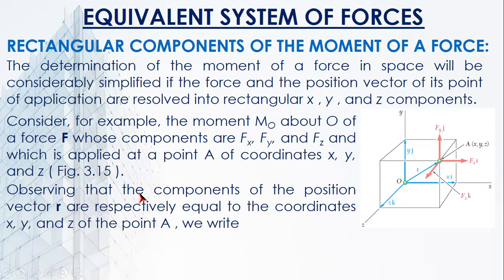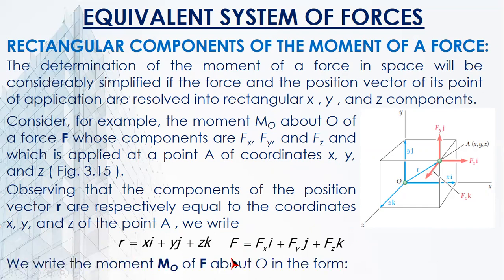So observing that the components and the position vector are respectively equal to the coordinates x, y, z of the point A, we write, mo na itong R, tas mo na itong F. And then perform din ka o cross product. We write the moment M sub O F about O in the form. Mo na ni ang result.